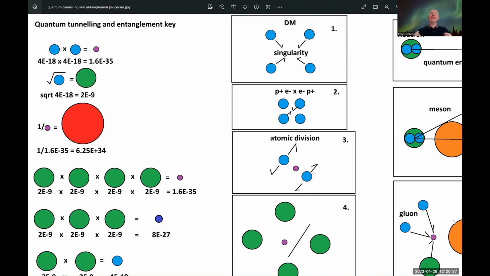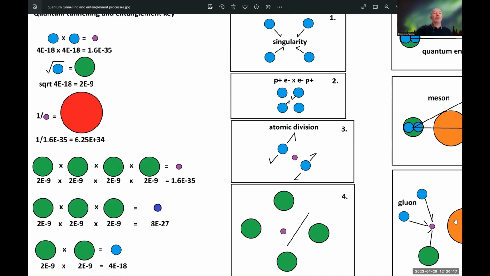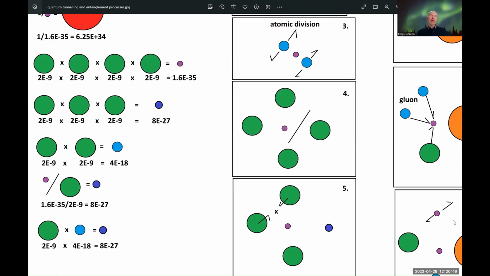This is a deterministic framework through inverse square law, which constrains the model to give functional outcomes. Okay, so if we took 3 of the radii, we get 8e to the -27. If you invert that, you get 1.25e to the +26.